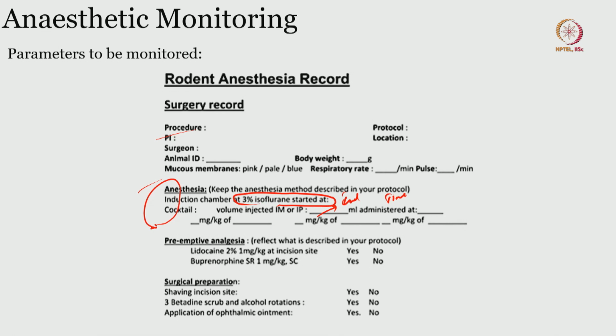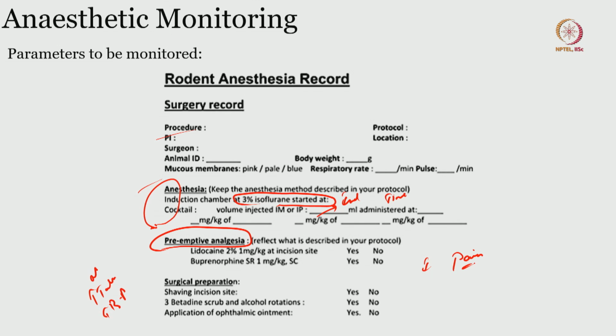And then it is also nice to use preemptive analgesia, as I said, to blunt the autonomic reflexes, in the sense a response of heart rate, that is tachycardia, and a sudden raise of BP is unwarranted when you make an incision. There is additional pain given to the rat.